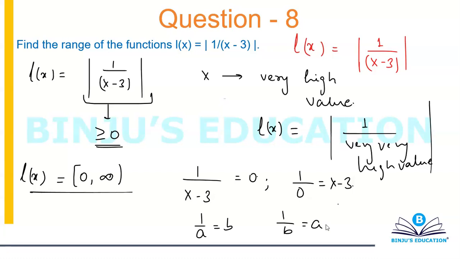That is approaching 0, it's not equal to 0. So 1 over x minus 3 will be very, very close to 0, but never exactly 0. So if I talk about the range, I'm going to have an open bracket from 0. I will not have a closed bracket. It's not possible.